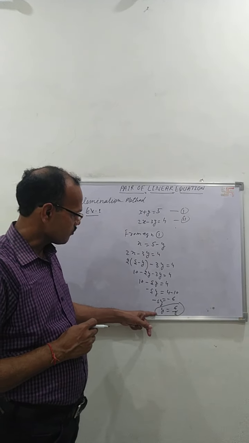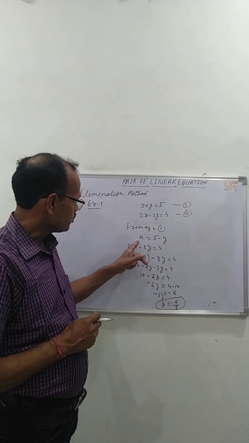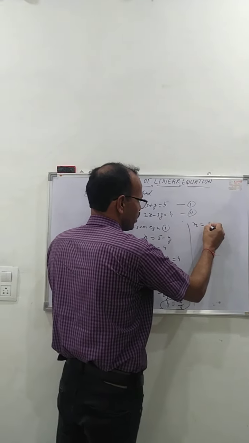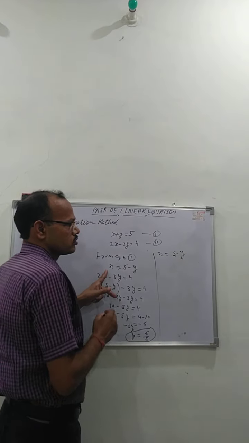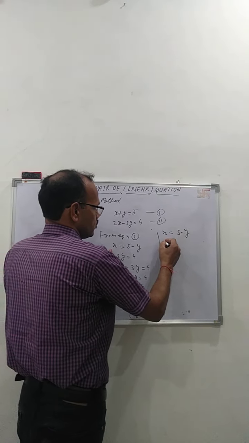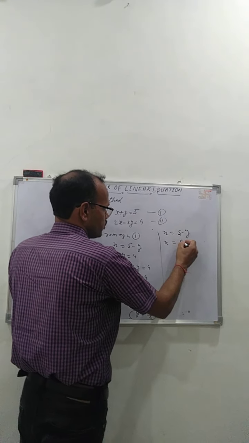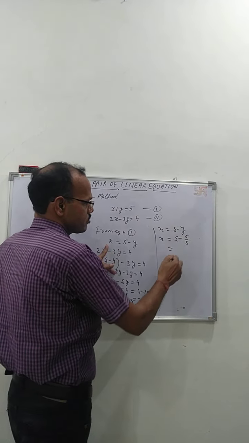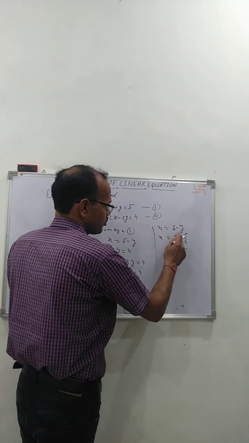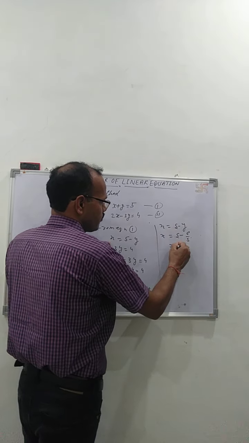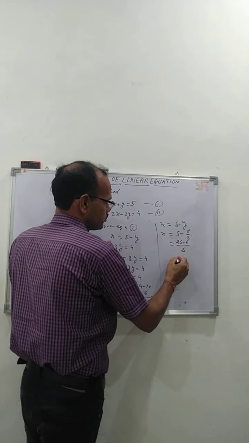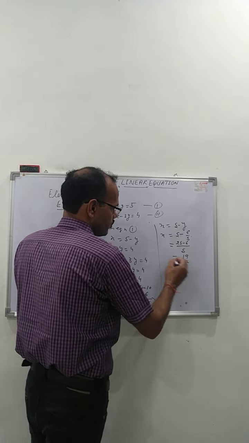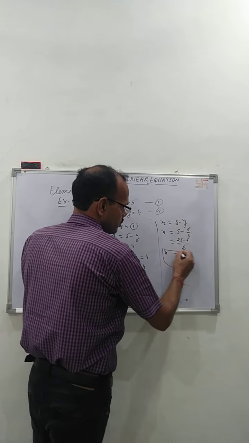Now again we place the value of y in the equation x is equal to 5 minus y. On solving it, we get 5 minus 6 upon 5. Now taking the LCM, that is 5, and solving it, 5 fives are 25 minus 6. So overall 19 divided by 5, so x is 19 by 5.